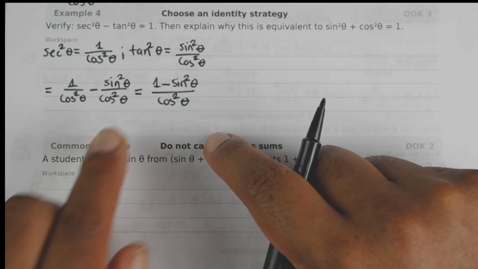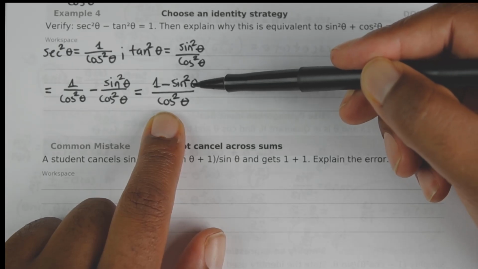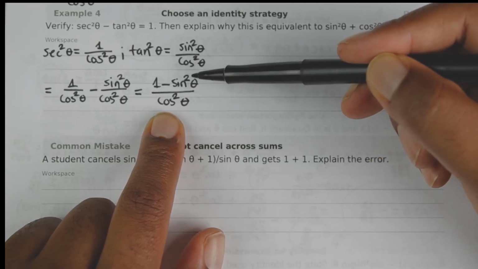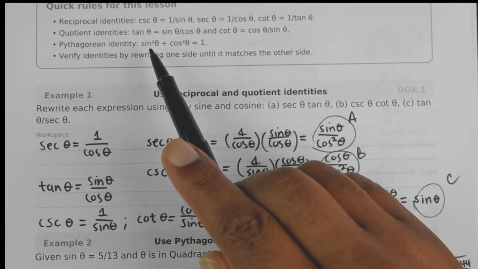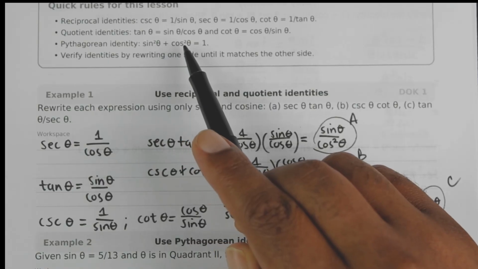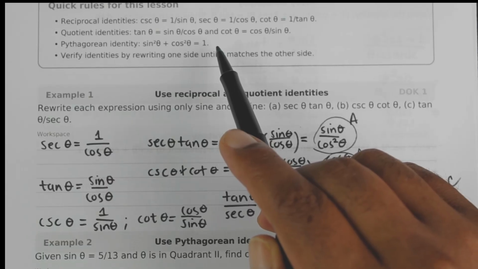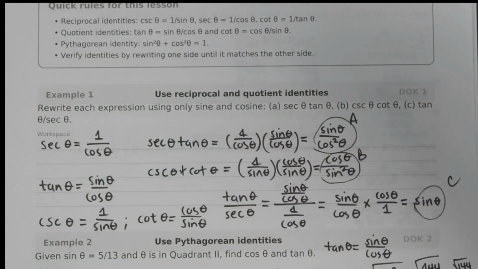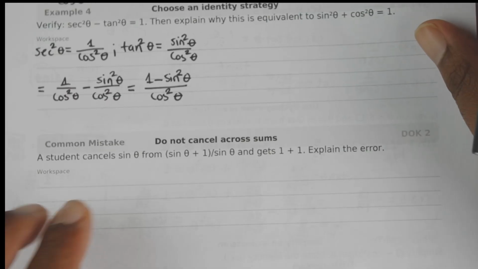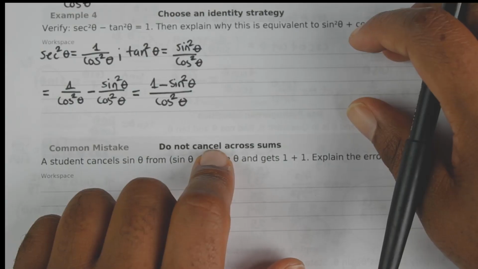Okay. Now, I can use the Pythagorean identity over here because if you recall, the Pythagorean identity is sine squared theta plus cosine squared theta equals 1. So just imagine moving this over here by subtraction. That would leave cosine squared theta equaling 1 minus sine squared theta. So 1 minus sine squared theta is the same as cosine squared theta.